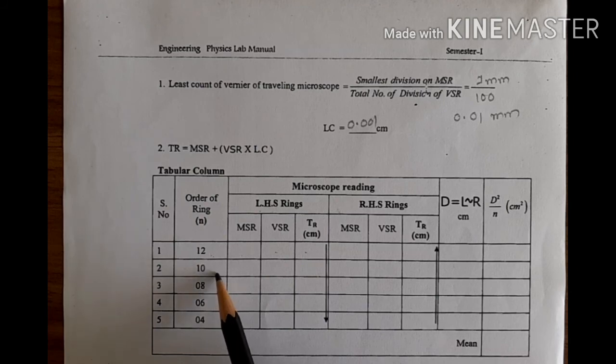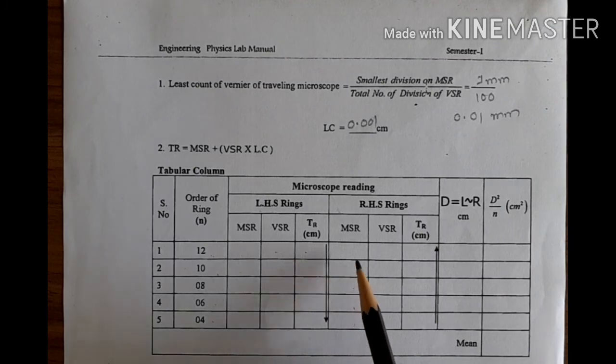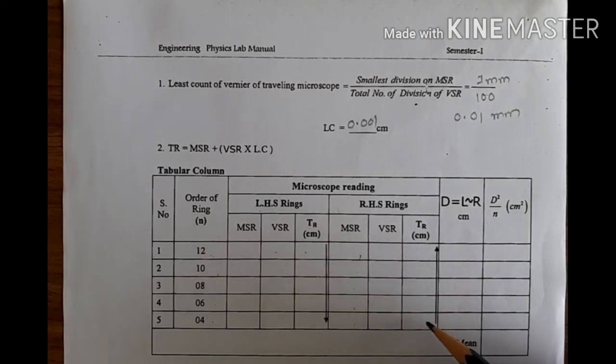After that we should move to the 10th ring, take MSR, VSR, then 8th, 6th and 4th. After the 4th ring we should continue with the 4th ring of the RHS, because we will come across the 4th ring first. So the 4th ring's reading we should take, then 6th, 8th, 10th and then 12th. Its total reading we should calculate.